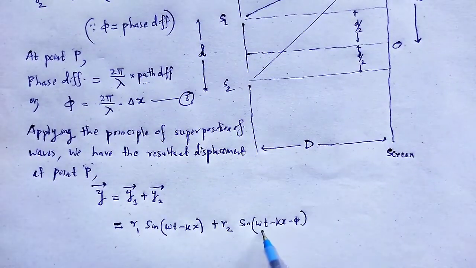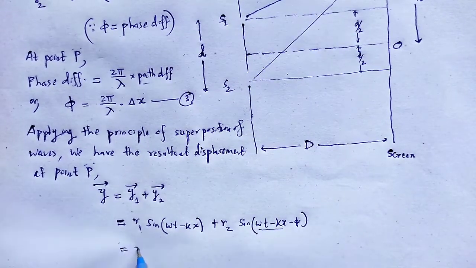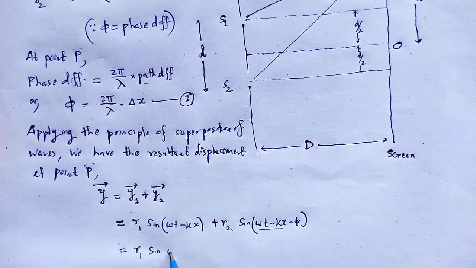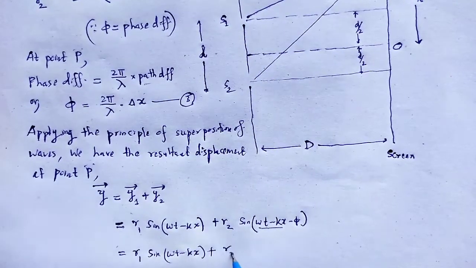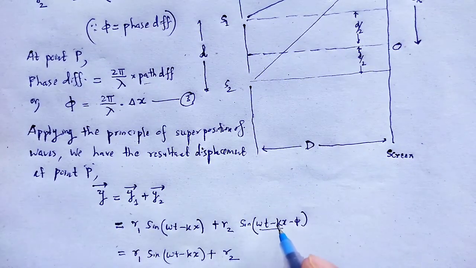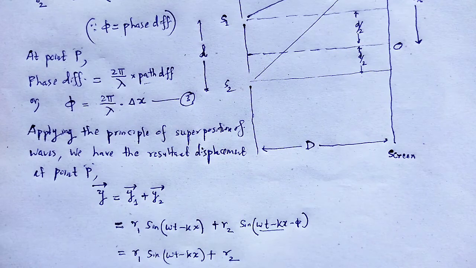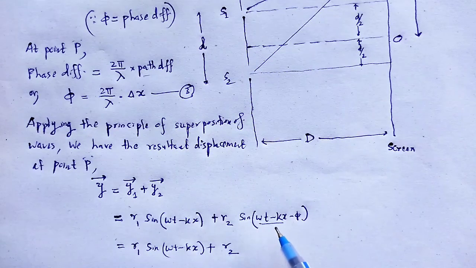Here I use the sin (a minus b) concept. So R1 sin(omega t minus kx) plus R2 sin(a minus b), that is sin a cos b minus cos a sin b. That formula is used here.